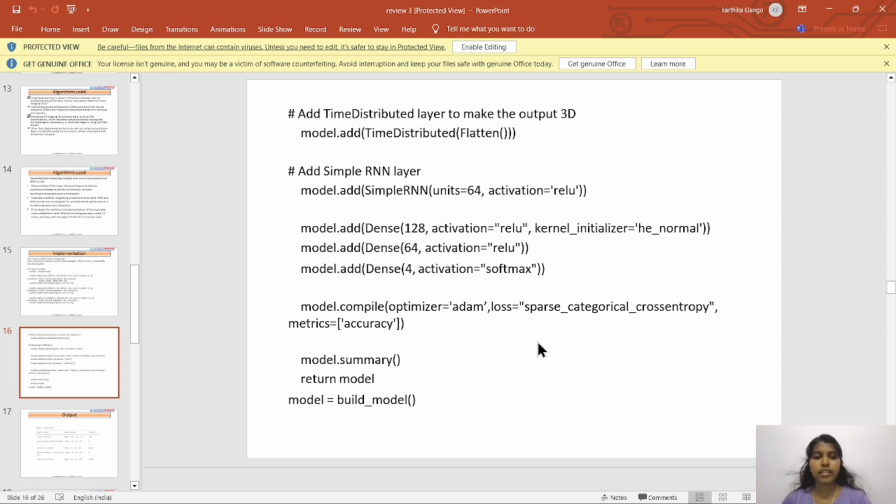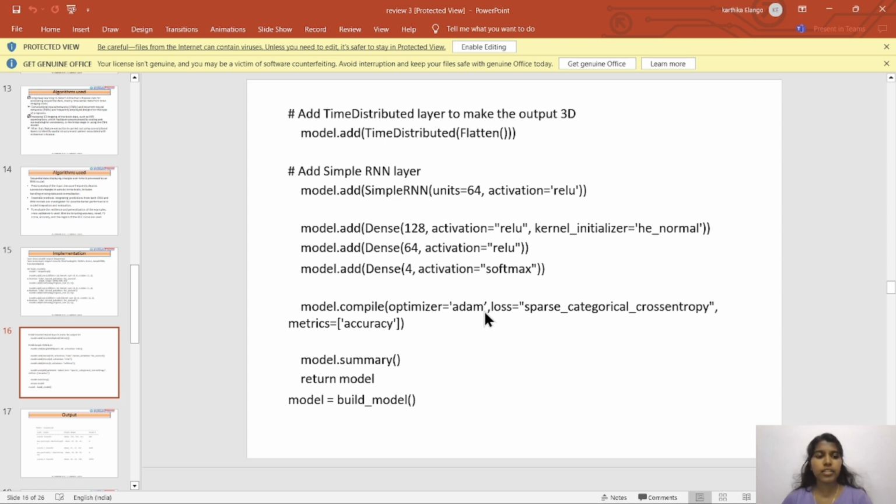Then the dense layer. The layer is fully connected, meaning every neuron in this layer is connected to every neuron in the previous layer. It has 128 units and uses the ReLU activation function, allowing the model to learn complex relationships between the features extracted by the convolutional layers.